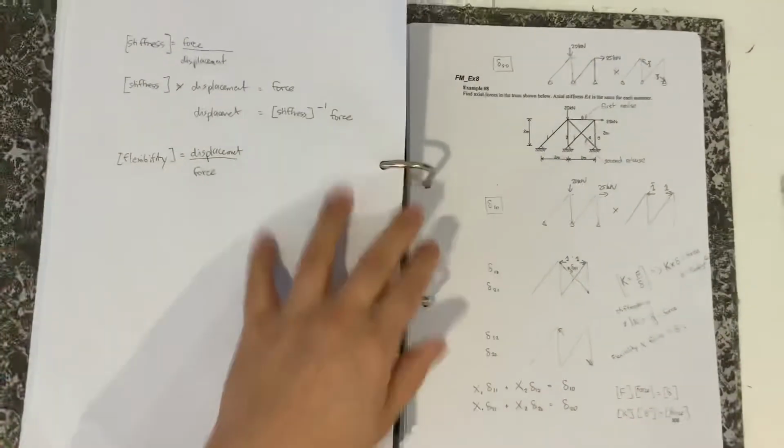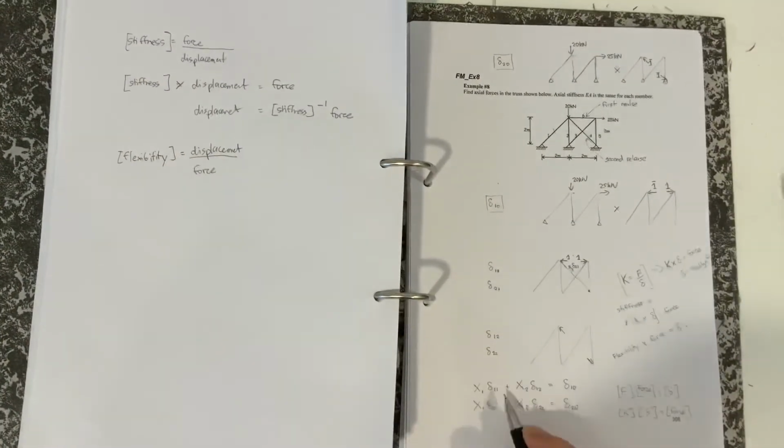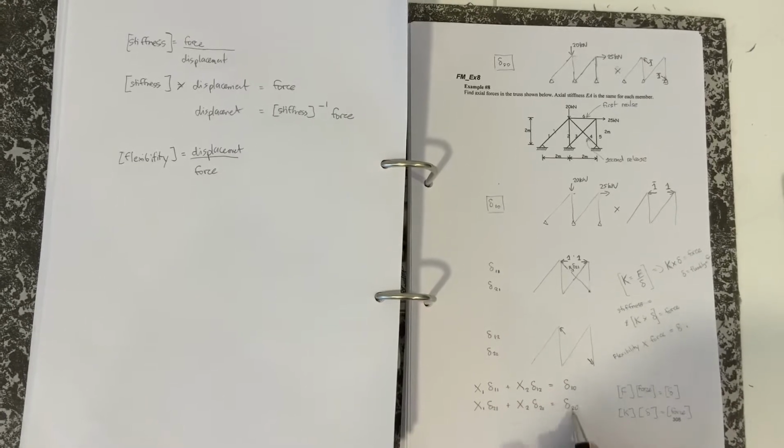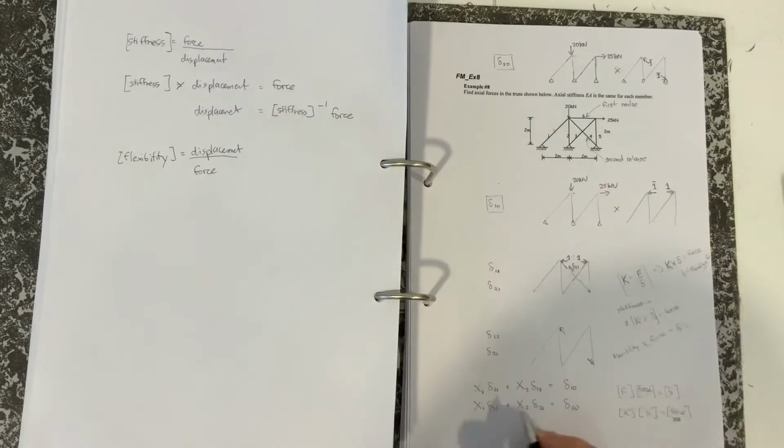So when you tackle this problem, all you need to do is to work out the 6 different values of delta: 1, 2, 3, 4, 5, 6. And then you'll end up with a matrix like we had before when we had 2 degrees of indeterminacy.